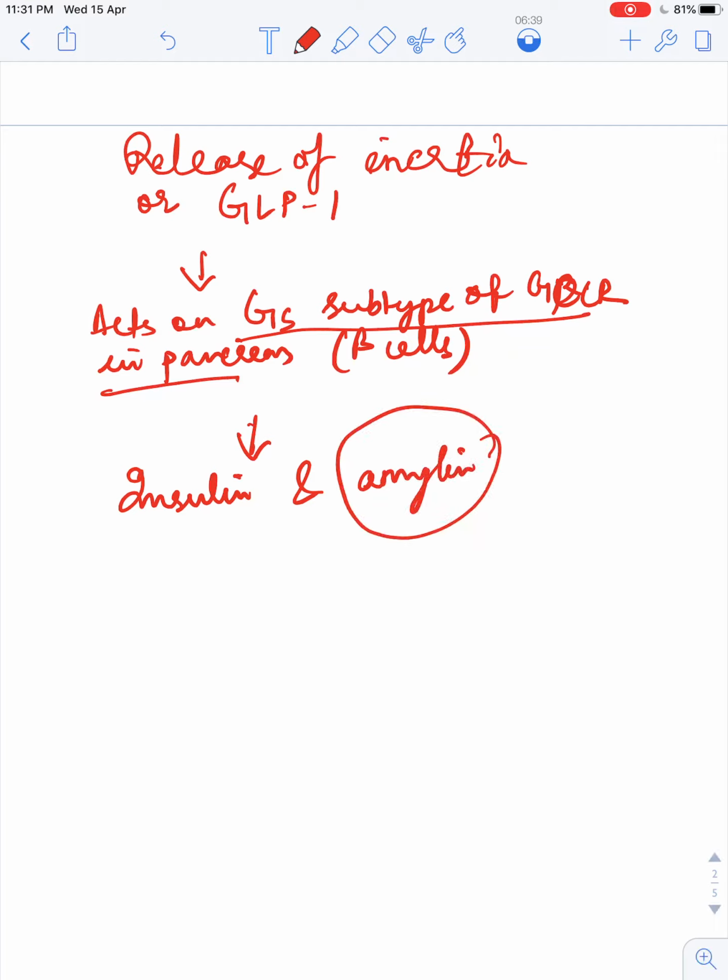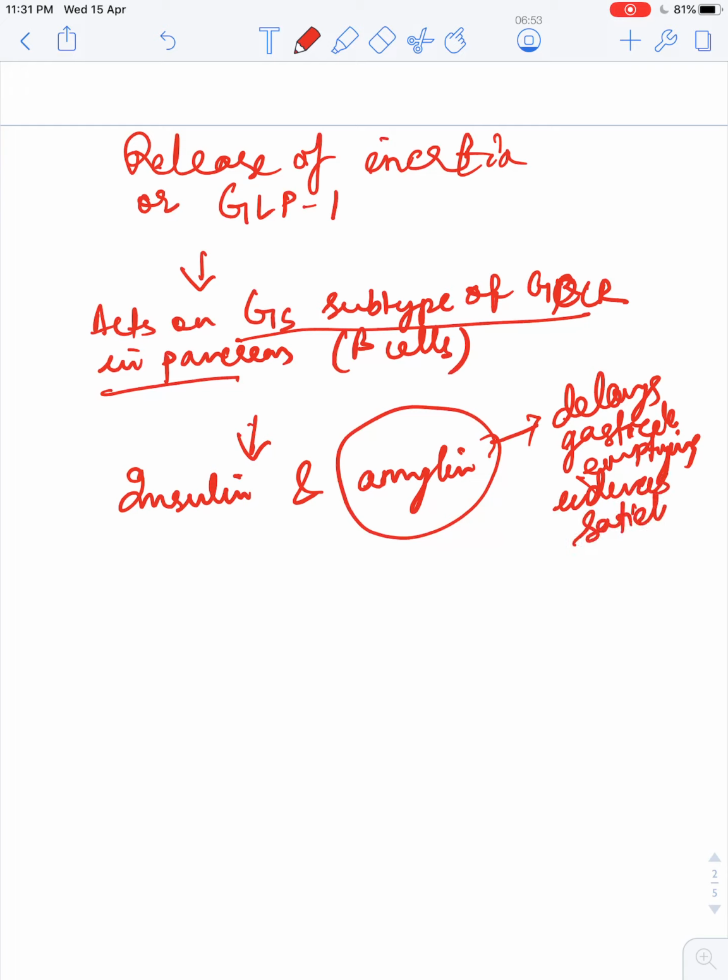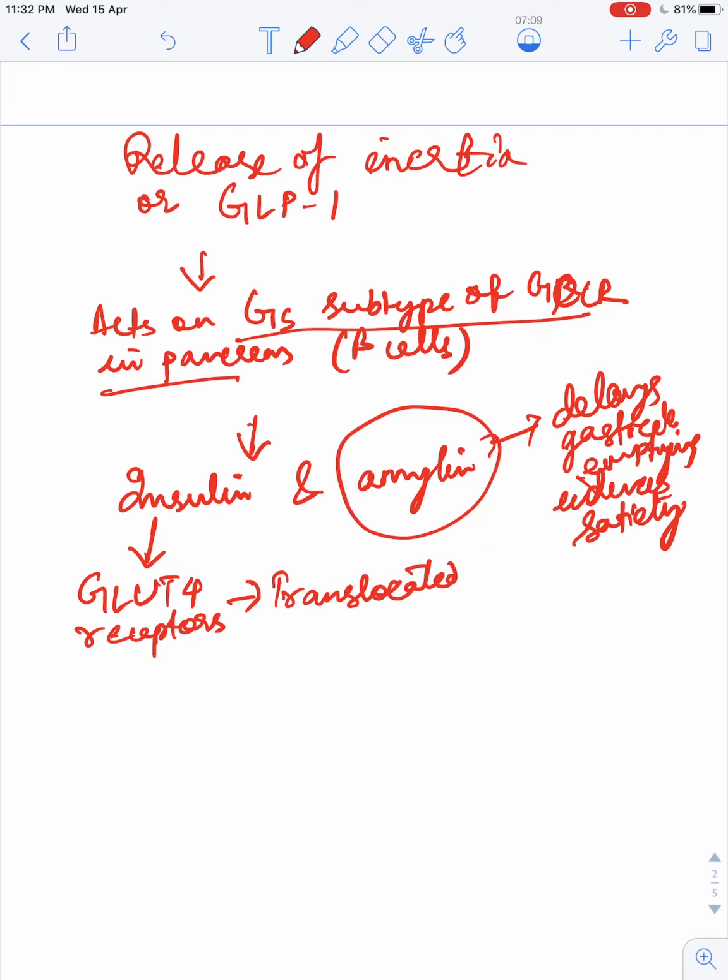This amylin delays the gastric emptying and induces satiety. Insulin acts on the GLUT4 receptors, and these receptors are translocated to the cell surface.